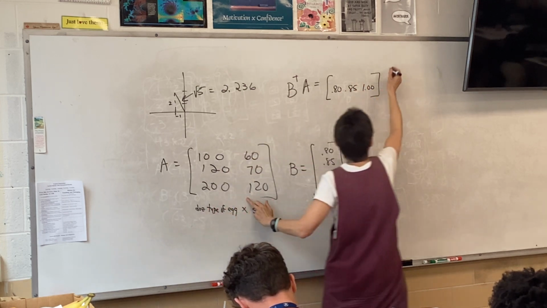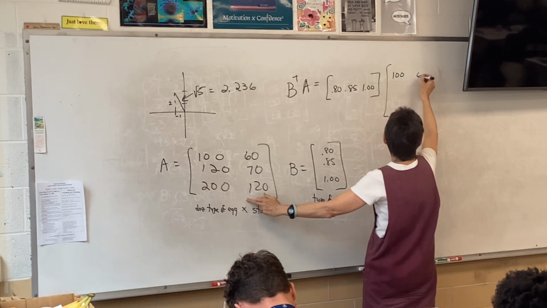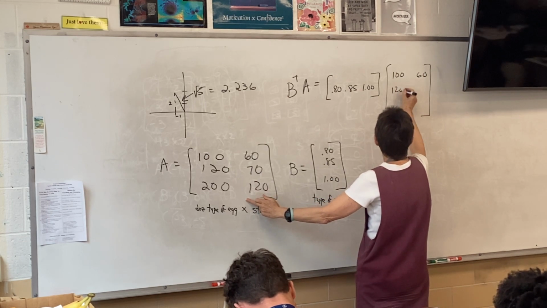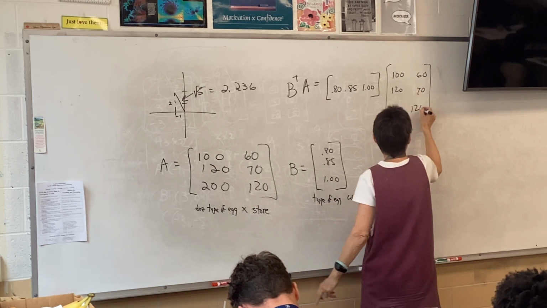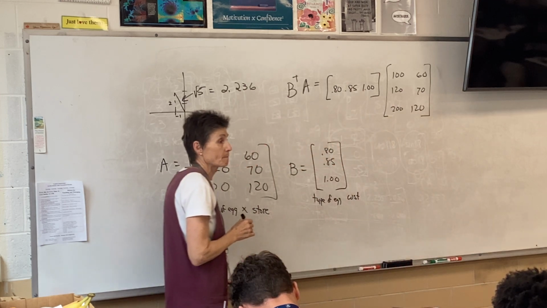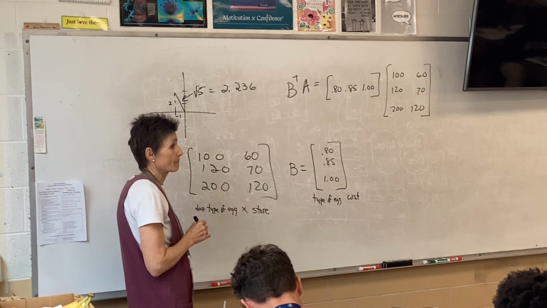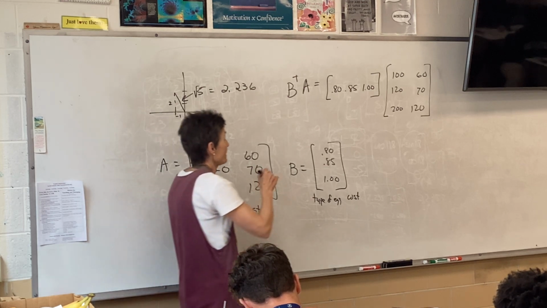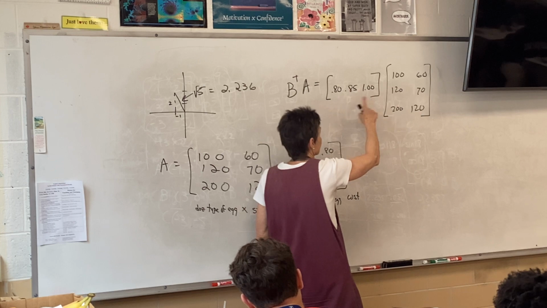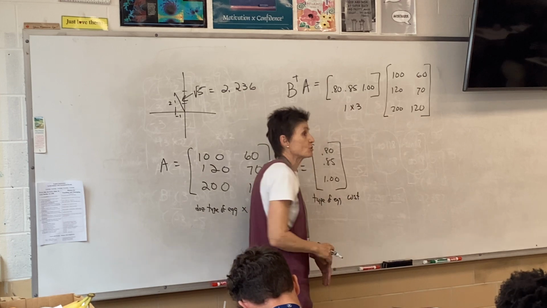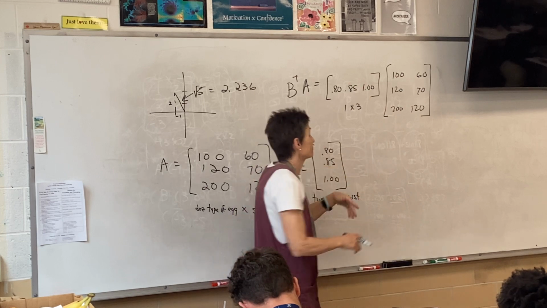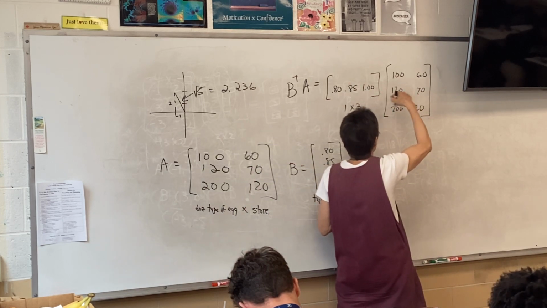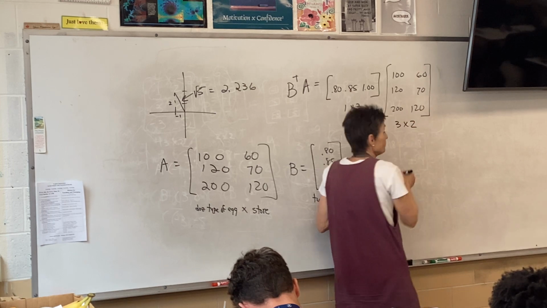And then we're multiplying that by A. What are the dimensions of B transpose? 1 by 3. Remember guys, it's always rows first. 1 row. Columns are separate. So 1 by 3, and then this is 3 by 2.